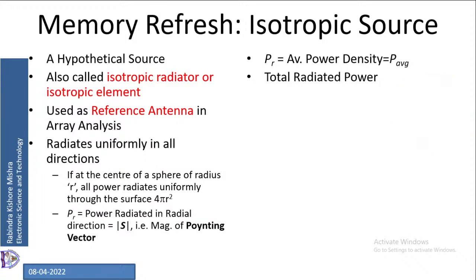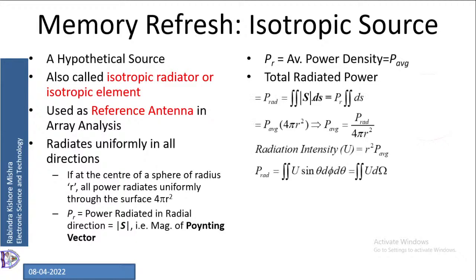Total radiated power we find using the PR. So the total radiated power P rad is the integration of S, the Poynting vector, which is the power density. Power density is power per unit area, therefore integration of S over ds. So that is P rad.